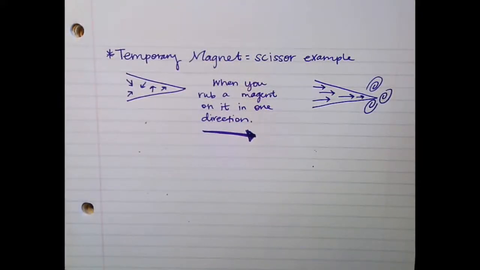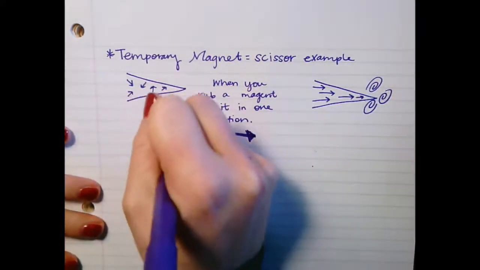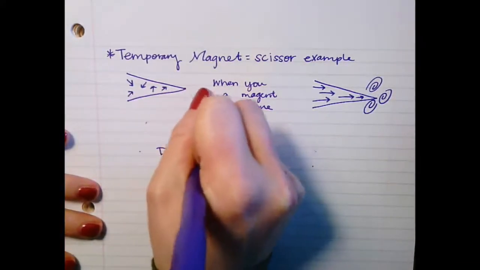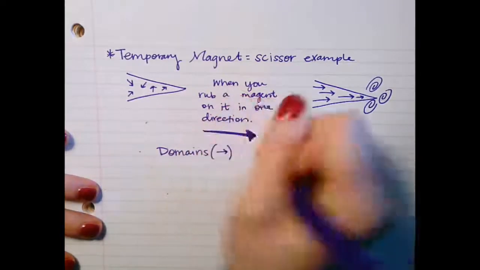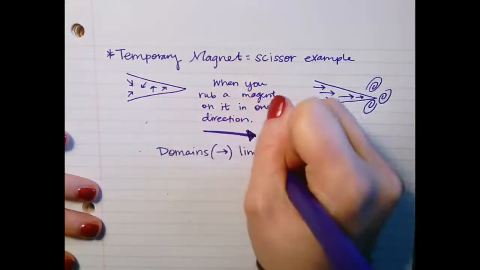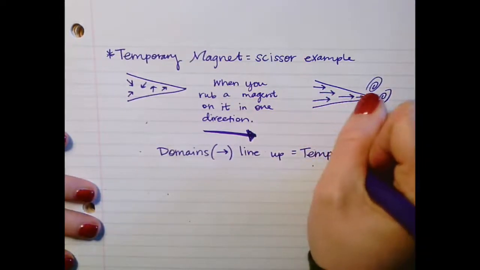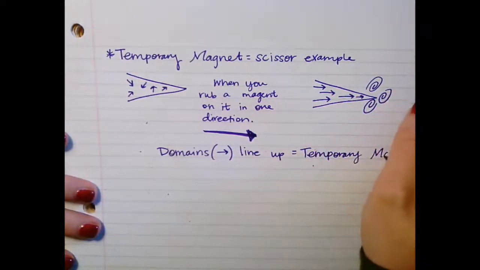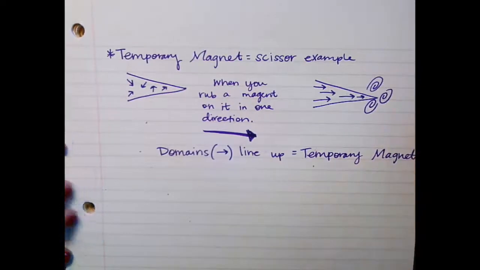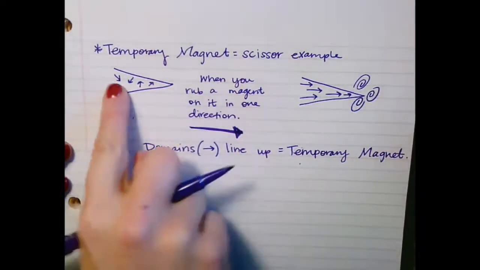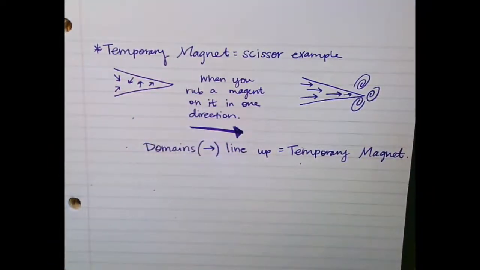So that is what that means. When the domains line up, and domains again are those arrows, that equals a temporary magnet. Now the longer you stroke the scissors with the magnet, the stronger that will be.